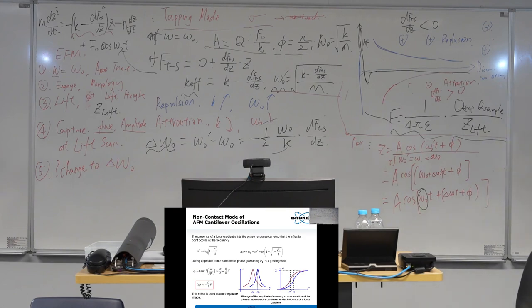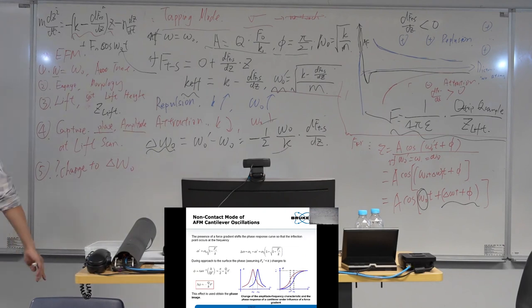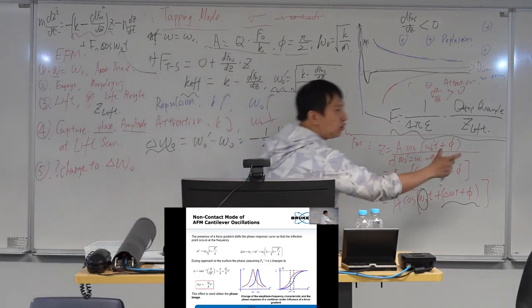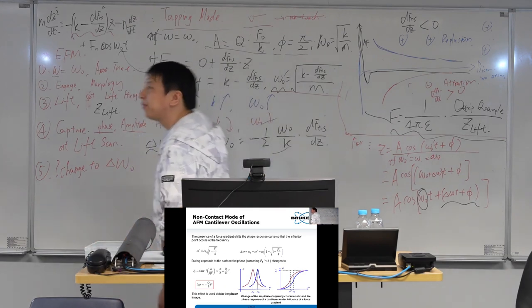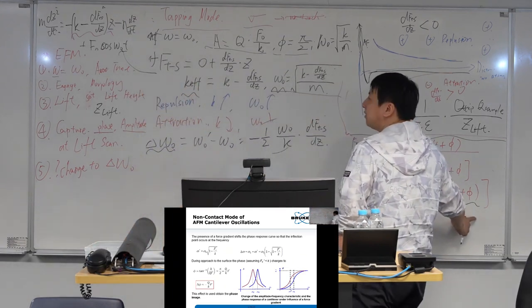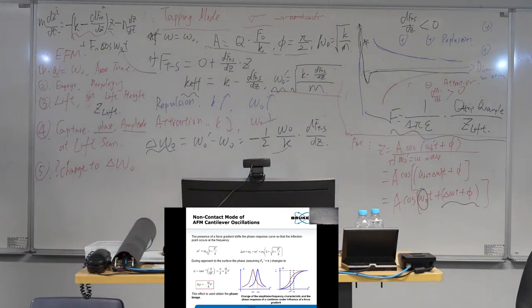The phase shift is due to the resonance frequency shift. Right? That's the idea here. If we detect our signal at a fixed frequency, we will say the phase will shift. This phase shift is due to the resonance frequency shift. Okay? That's the classic way. That's how we get the phase shift here.